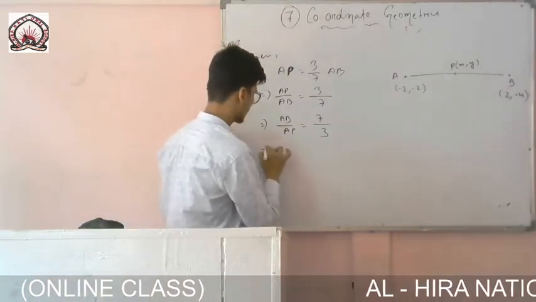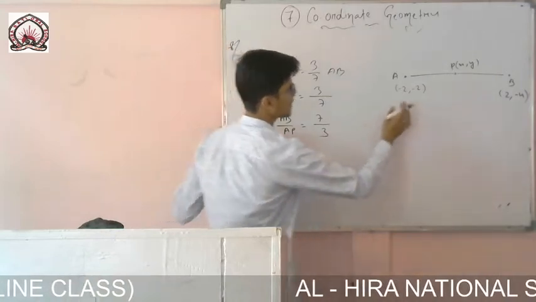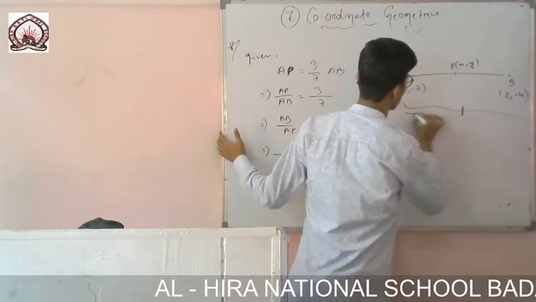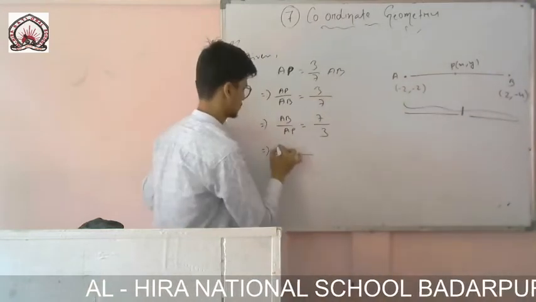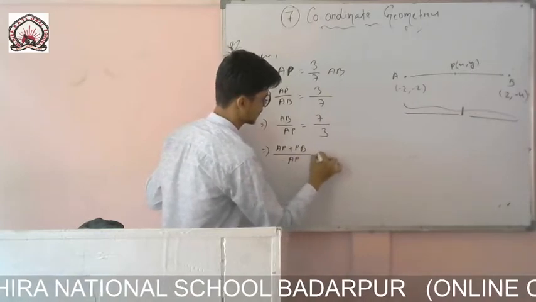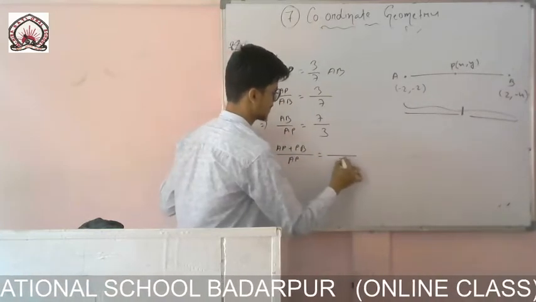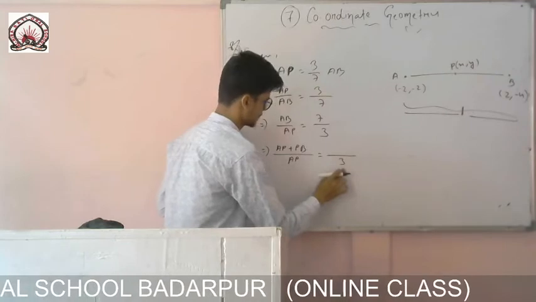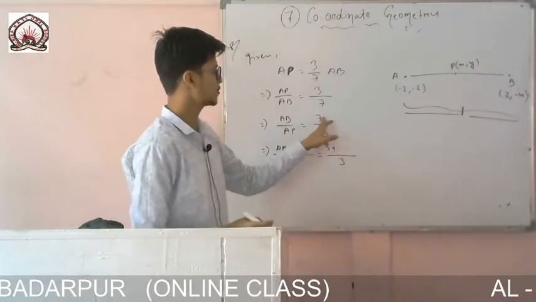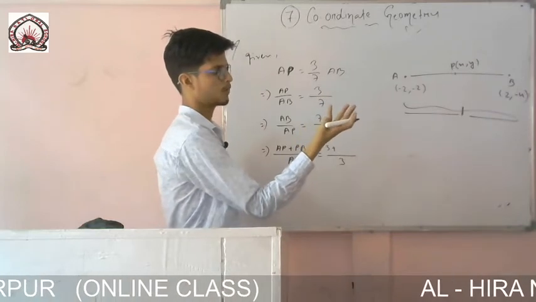So AB, you see, I can break this one. AB I can write as A to P plus P to B. So (AP plus PB) by AP. AP is given as 3, so for going up to 7, how much is needed? 3, 4, 5, 6, 7.